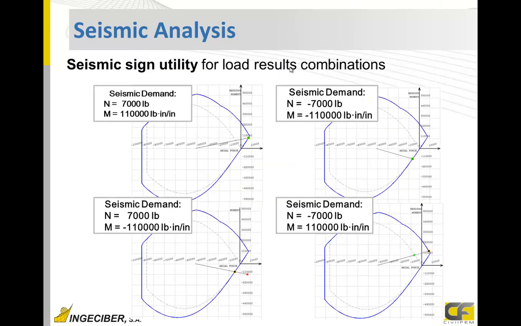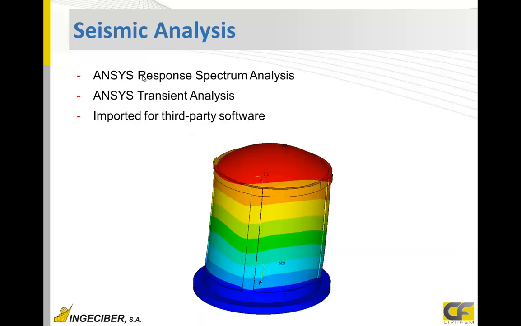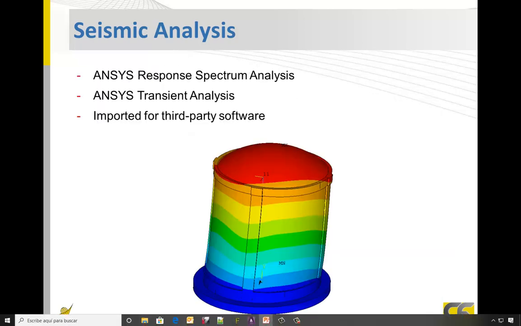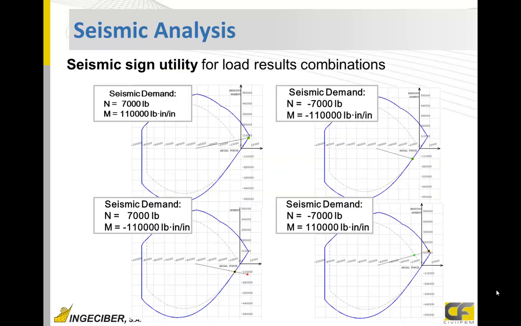Very important: after you perform your seismic analysis, for example using the response spectrum analysis, you will have forces and moments only in absolute value, because you have combined them, and results from seismic analysis are in absolute value.